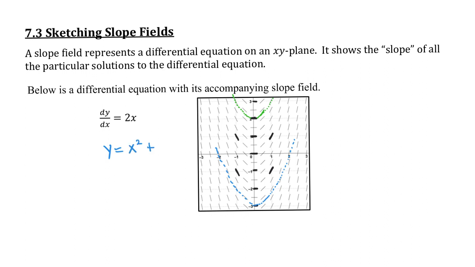And let me add a constant. Okay, so the function that has this derivative is y equals x squared plus c, which looks right here, because if I did y equals x squared plus 2, it would look like this. If I did y equals x squared minus 3, it would look like this. If I had y equals x squared minus 1.5, it would probably look something like this. Okay, so the slope field is just showing us which direction it's moving in the slope at each of the individual points.